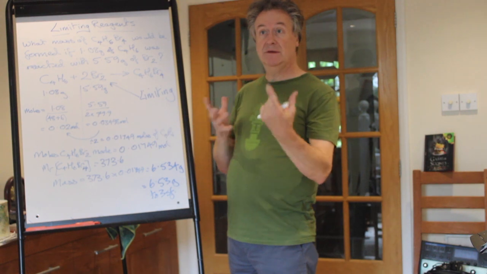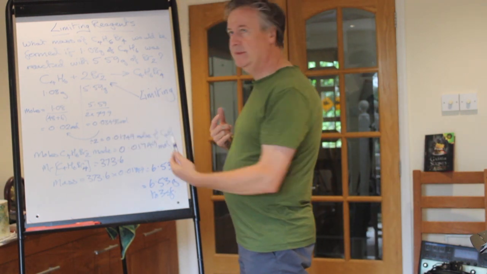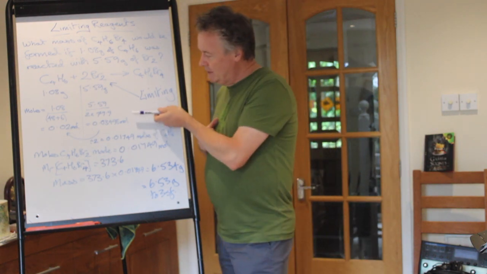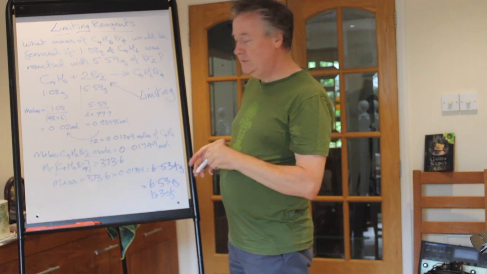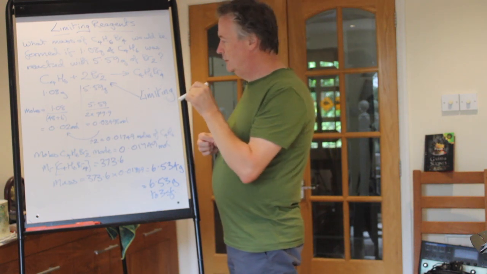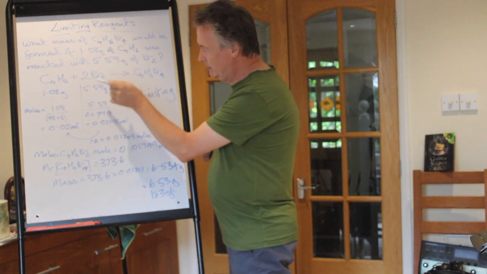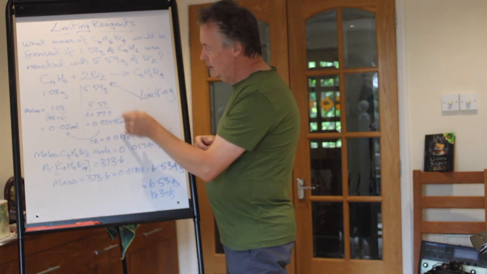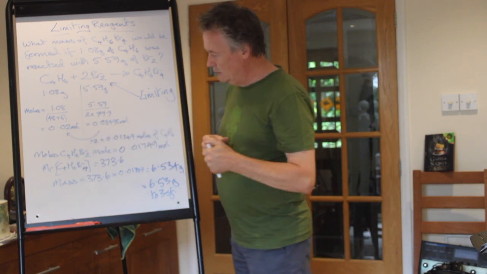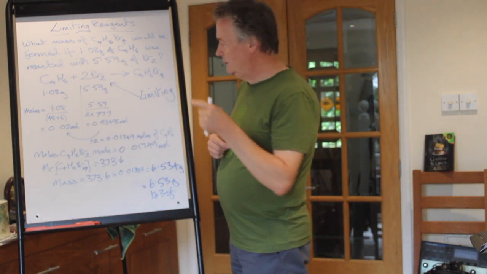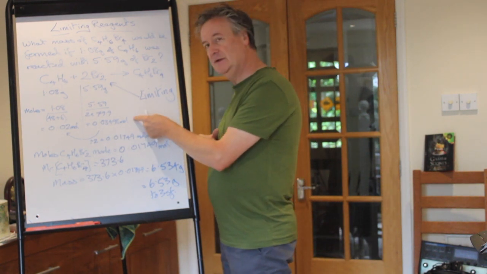Then you need to decide where's the limiting reagent in that. Well, I'm going to do bromine because it's nearest to me, and that amount of bromine, 0.03498 moles, would be able to react away half that number of moles, because it's 2 to 1, of the C4H6. So you need to divide that by 2, it's 0.01749 moles of C4H6 that is capable of reacting with this amount of bromine.